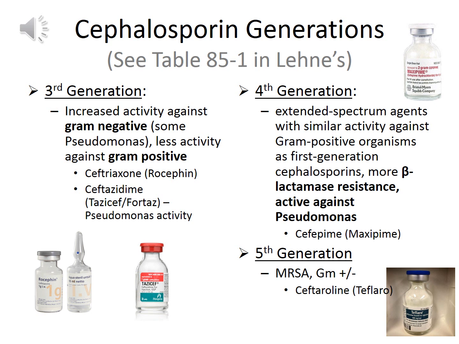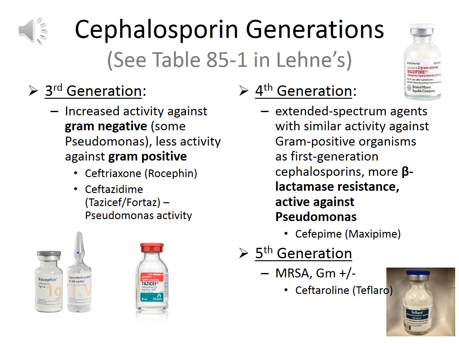So third-generation cephalosporins are targeted more at gram-negative bacteria and are less active on gram-positive. A few examples I want you to know are ceftriaxone, brand name Rocephin, and ceftazidime, which is a drug that targets Pseudomonas. Pseudomonas aeruginosa is a real problematic gram-negative bacteria.